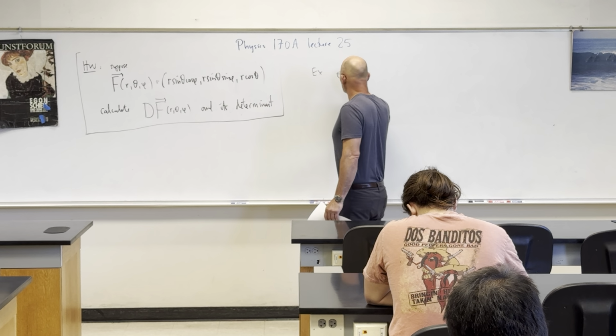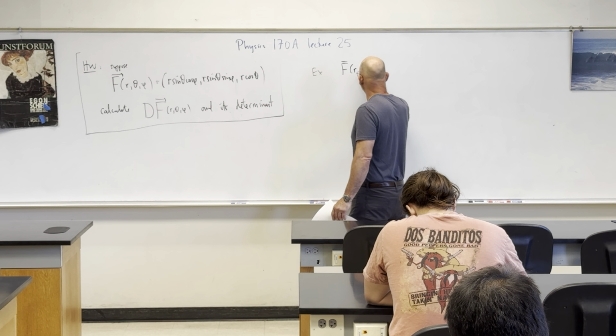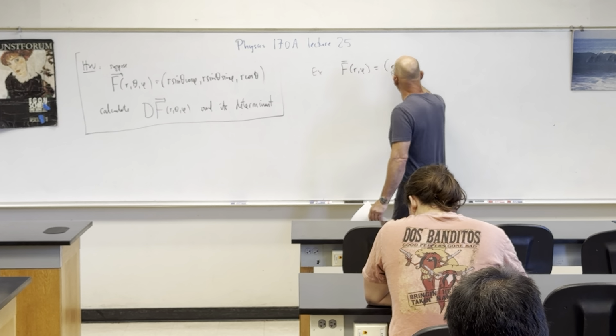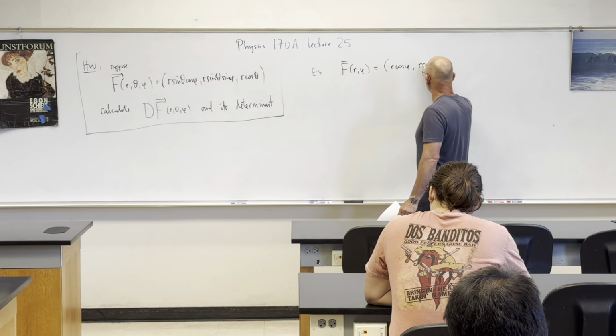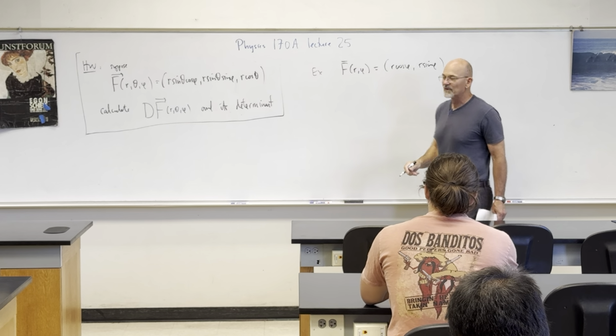The simpler example that goes with it would be f of r, phi equals r cos phi, r sine phi. These were the spherical polars, these are the plane polars.